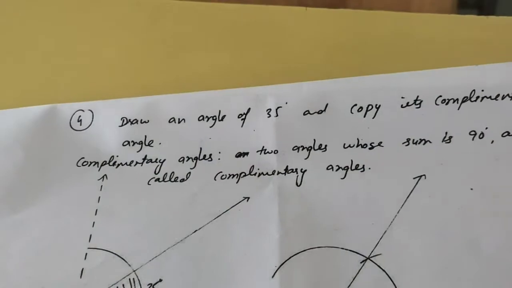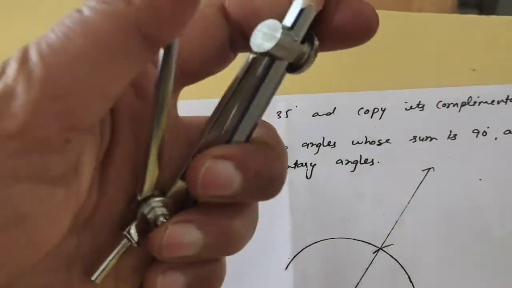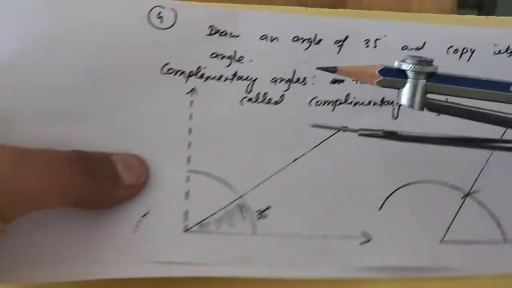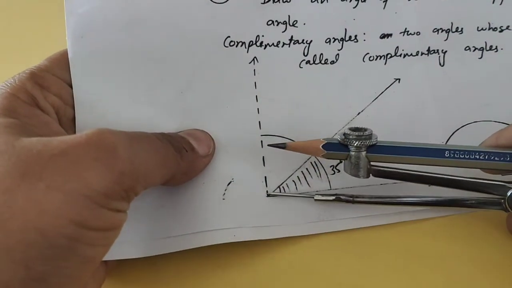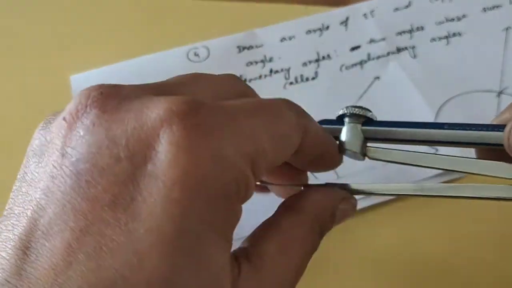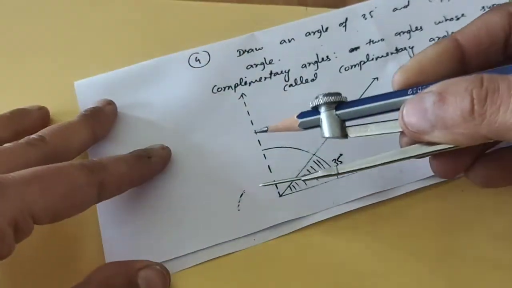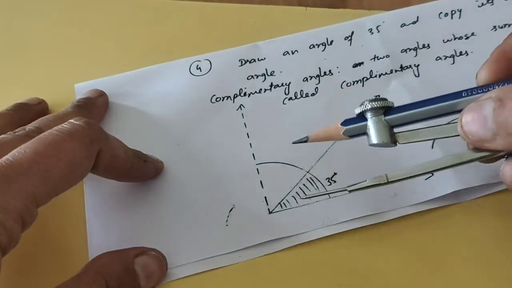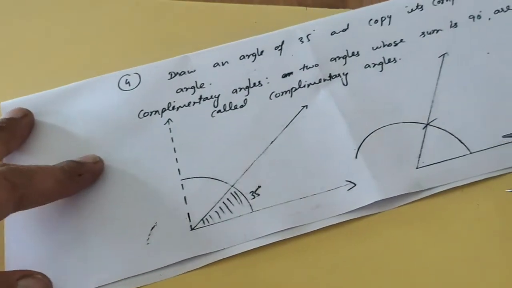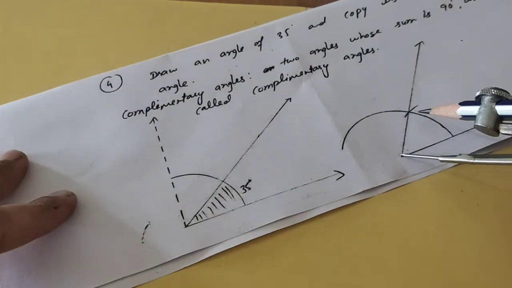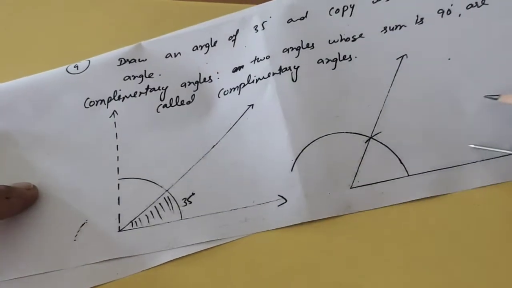How can we do that? Open the compass to any radius of our choice. Keep the needle here and just draw an arc. Suppose I have drawn with this much. Now, opening the compass to the same radius, we make an arc on this line segment.